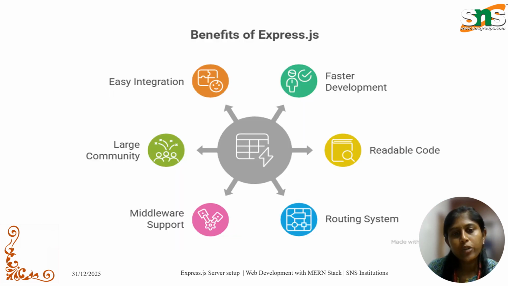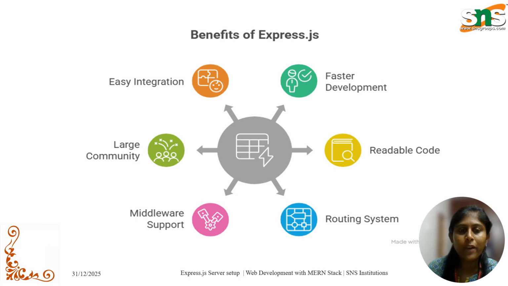Why is Express so popular in backend development? The first thing is simplicity. Express provides a very clean and minimal syntax. The next one is fast development. Instead of writing low-level HTTP handling code in Node.js, Express provides built-in routing and middleware. The third one is middleware support.